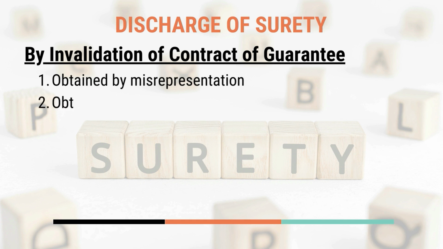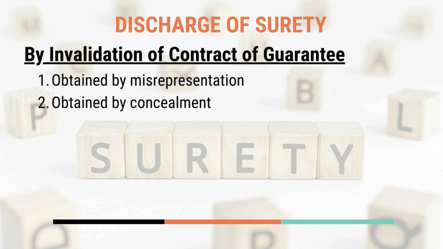Second is if consent is obtained by concealment. That is very important, where material information was supposed to be disclosed by the debtor and the debtor conceals that information, hides that information. So the surety is not given a true picture. He has shown the green picture, whereas the picture is grayish.